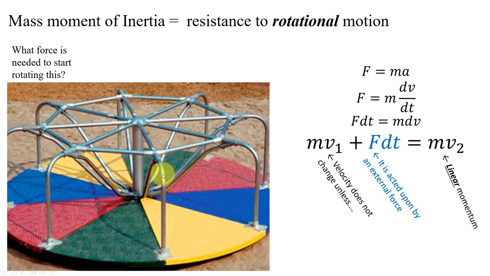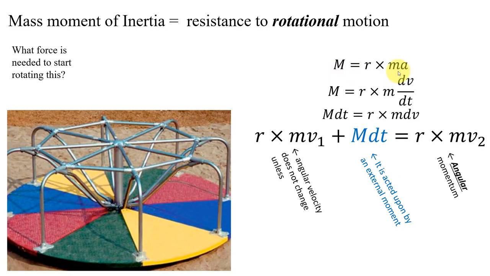You can only feel the resistance to rotating it. Just think through this intuitively before we crank through the equation: would it be easier to rotate it if the kids are sitting on the edge or if they're sitting in the middle? The next time you go to the park, try this out so that you can actually feel that moment and feel the force that it takes to rotate something.